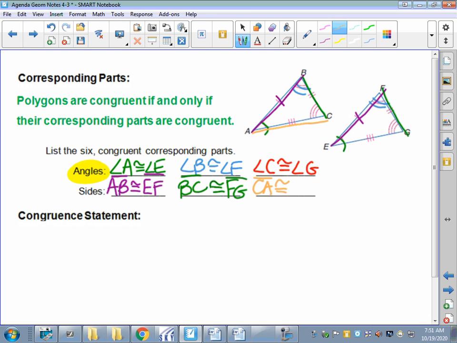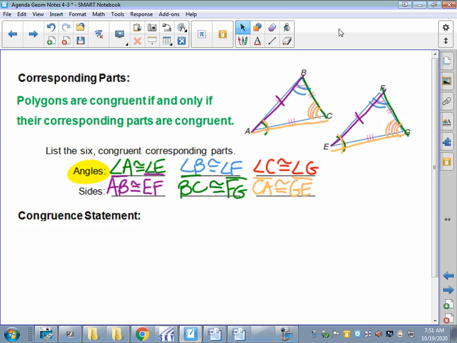Hopefully you notice that CA goes from the triple arc to the single, so this one has to go from G to E. So be careful on how you name those. I've always put the ABC triangle first. It doesn't matter as long as you've got everything lined up.